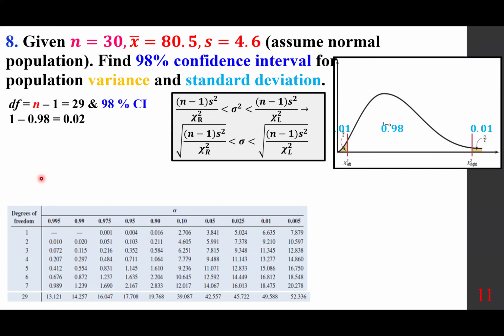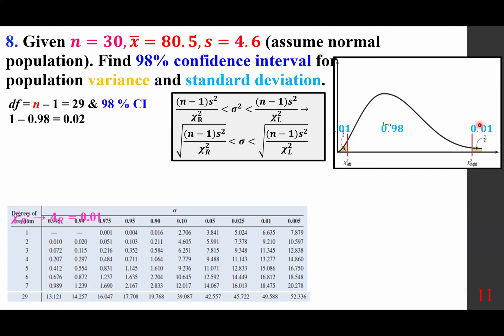Okay. So for this one, chi squared of the right, the area to the right is 0.01. For this one, chi squared of the left, the area to the right is 0.99. I want you to see that, okay?